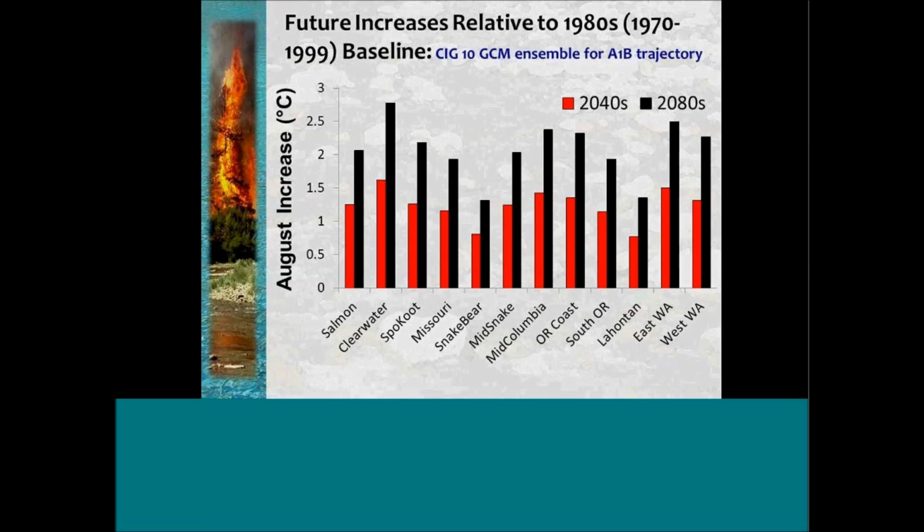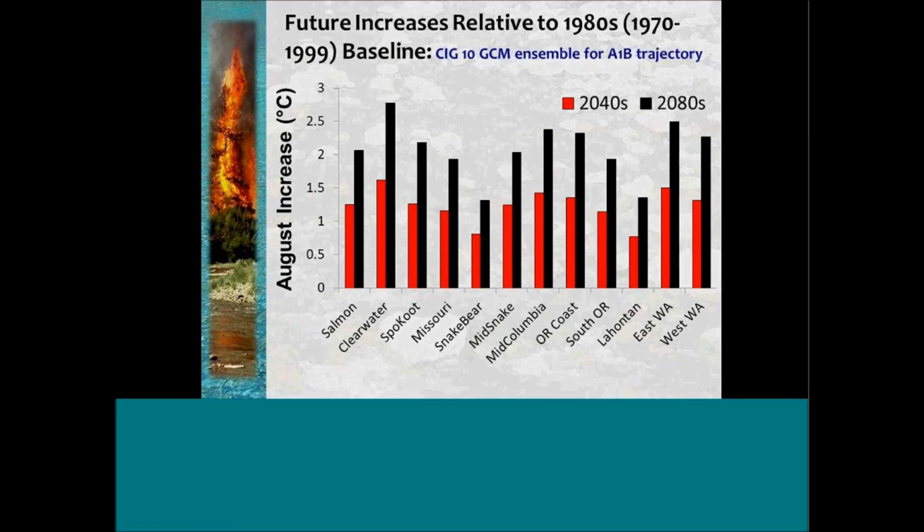In terms of the magnitude of change, once we look at the stream temperature response based on the SIG 10 GCM ensemble for the A1B trajectory, these are the different river basins that we've thus far completed. The red bars represent the average amount of stream temperature increase relative to a 1980s baseline within each of those river basins, and you can see there's a decent amount of variation among them.